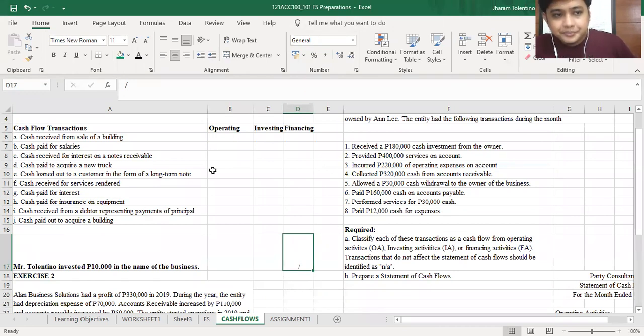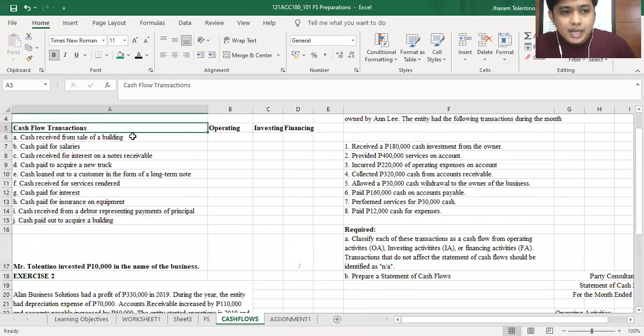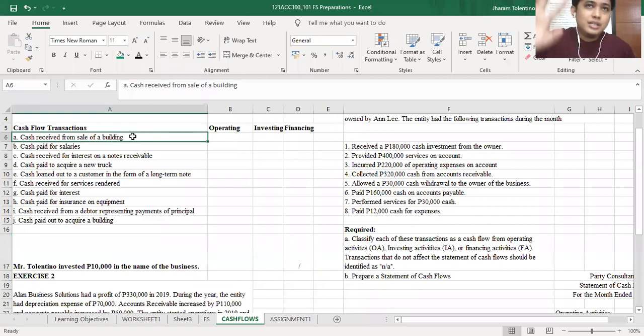Okay, so let's start. Dito, cash received from the sale of building. Ito yung binanggit ko kanina. Ano yung shortcut natin ulit? Pag operating activities, tungkol saan yan? Pagmamanage mo ng day-to-day operations ng business.